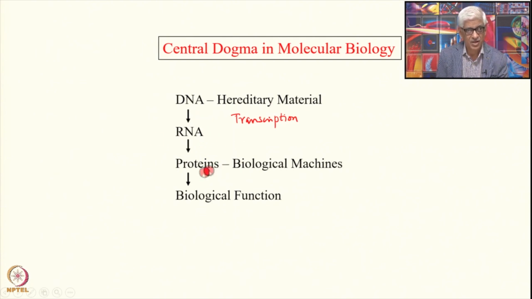There are 20 different types of amino acids, and a set of 3 units of RNA codes for one particular amino acid, and the 20 different amino acids are coded by different codes. These are called the genetic codes. And this process of expressing the information in the RNA into the proteins is known as translation.